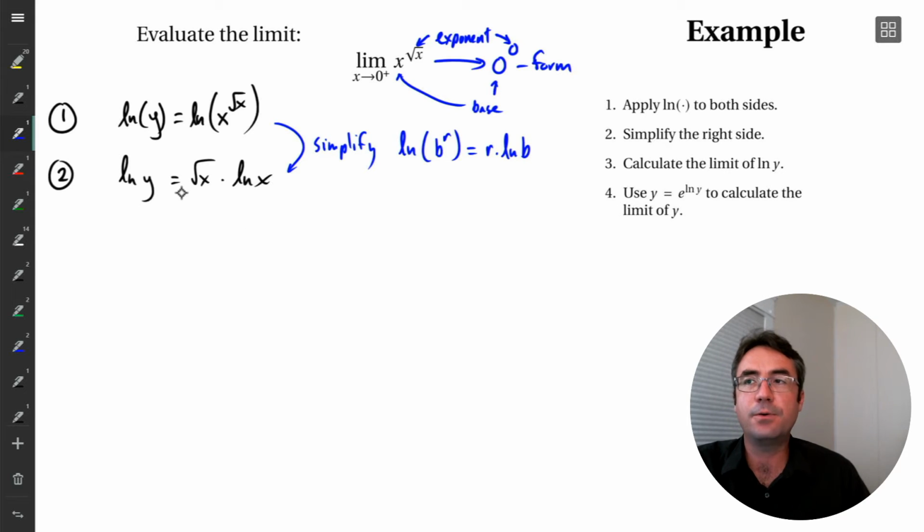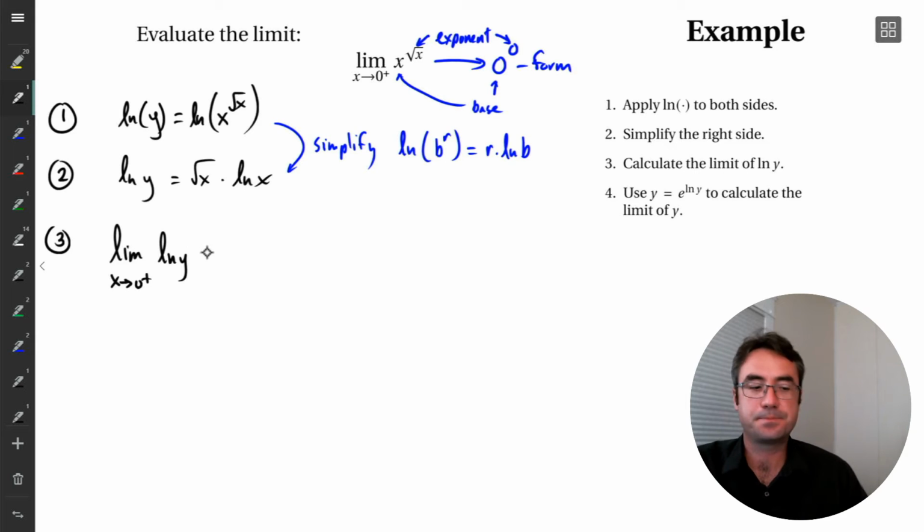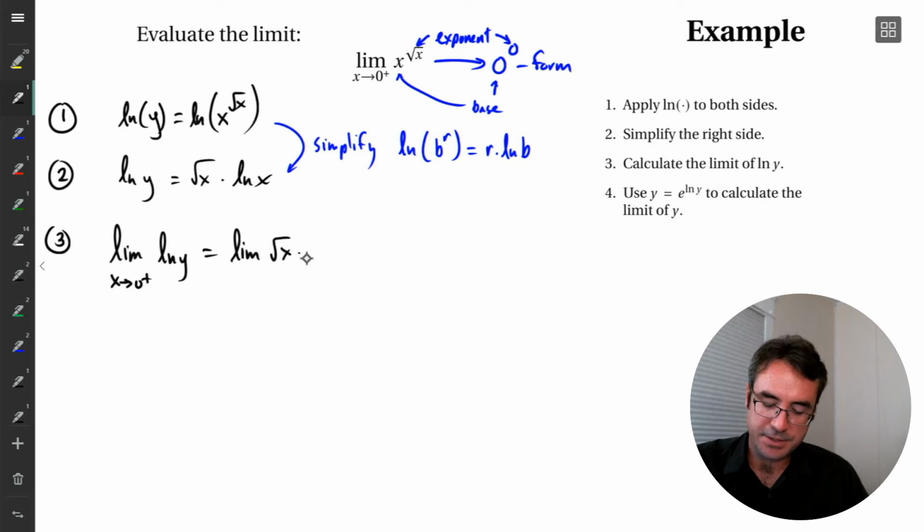All right, so now we're going to calculate the limit of this expression. That's step 3. So we're going to do the limit of natural log y as x approaches 0 from the right. And let's fill in what we know natural log y is. So it's square root x times natural log x.